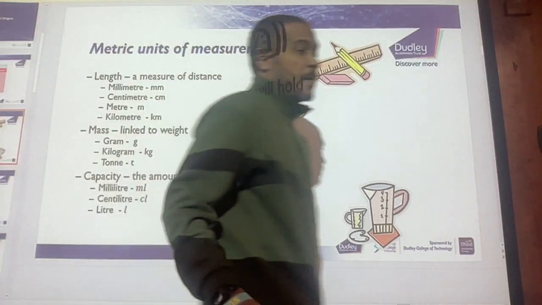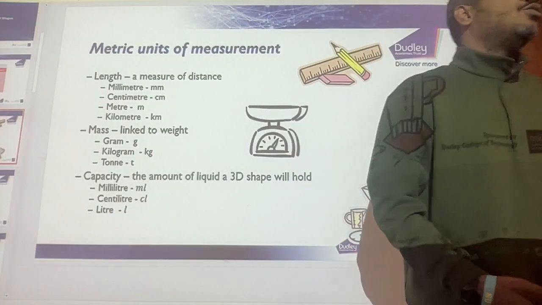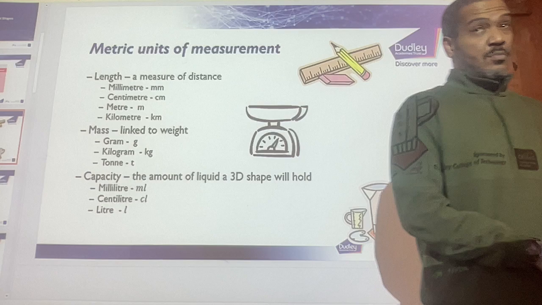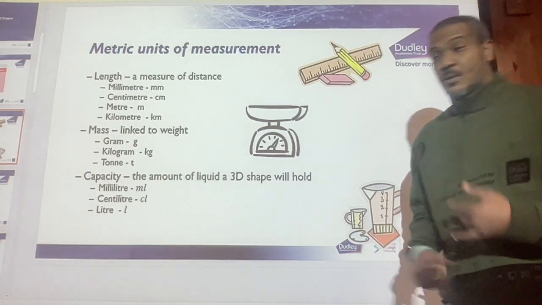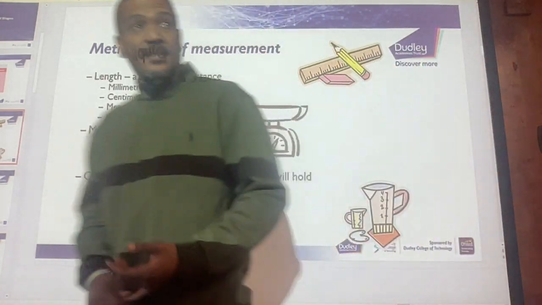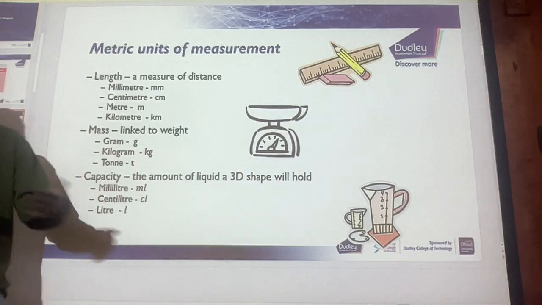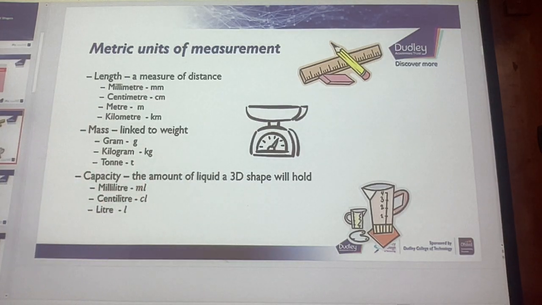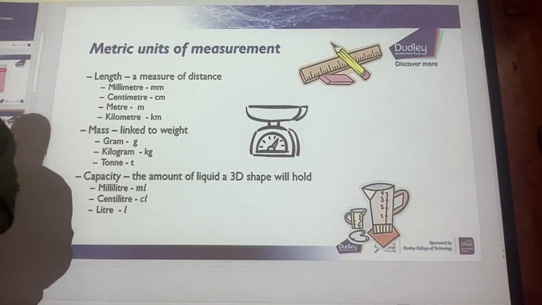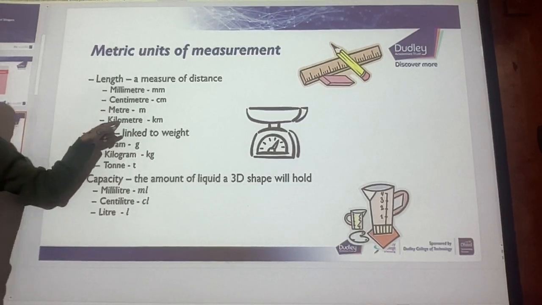But an English unit of length is a foot or feet, inches, right? Miles, yards. Those are English units. That's what we learned coming up, right? What the rest of the world uses is this.